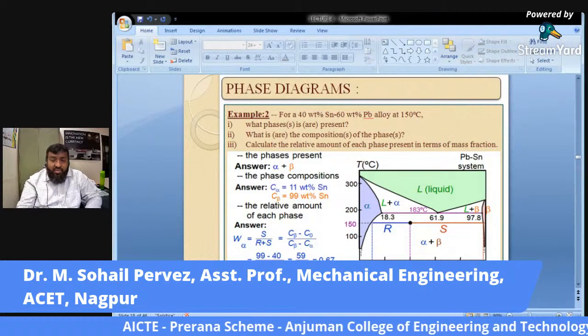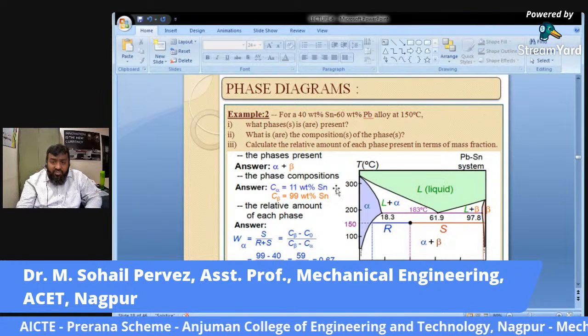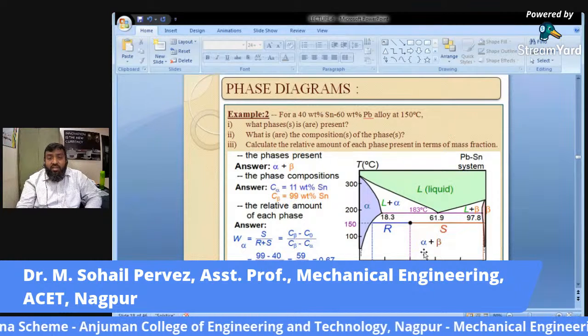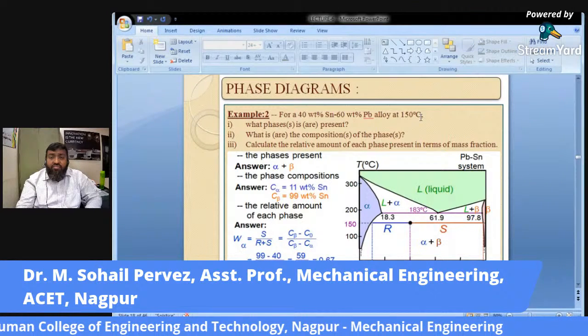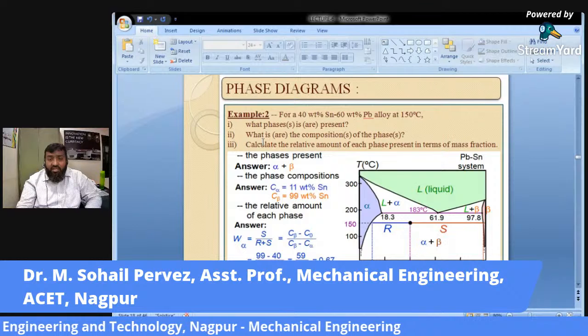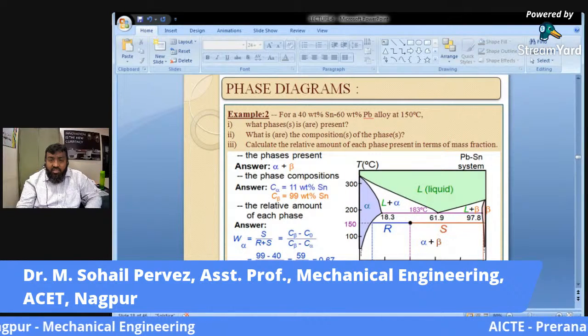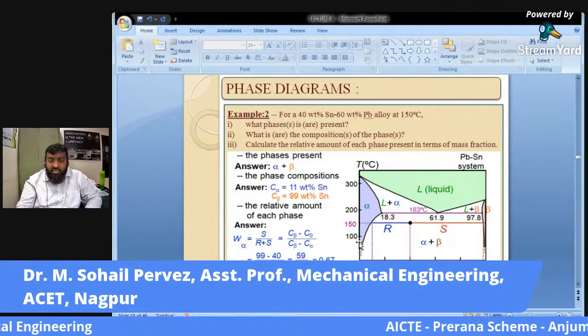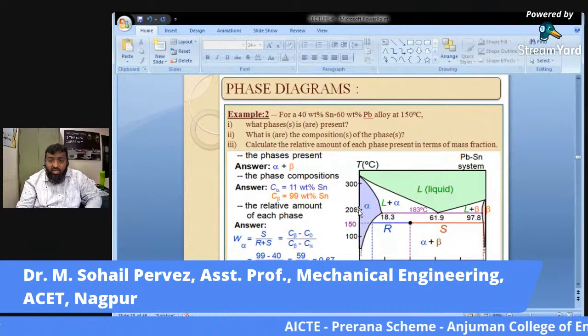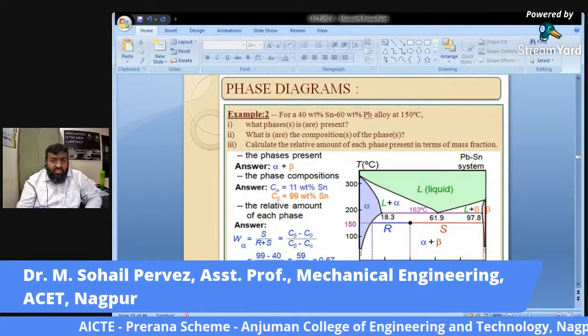This phase diagram is given. This is obviously a eutectic phase diagram. Now we have been asked at 150 degrees, again the same thing. Now this phase diagram is shown with reference to temperatures 100, 150, 200, and then 300, likewise.